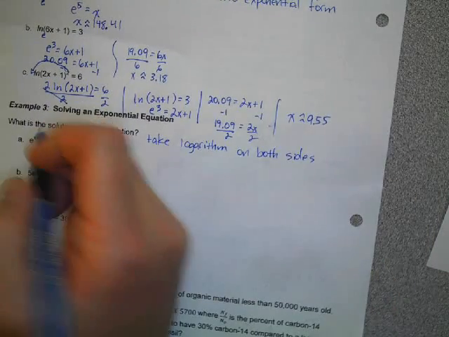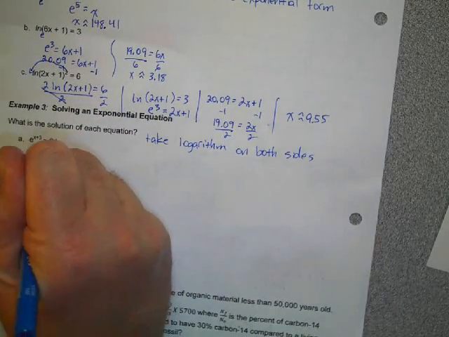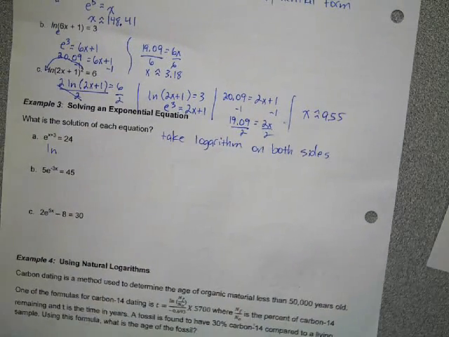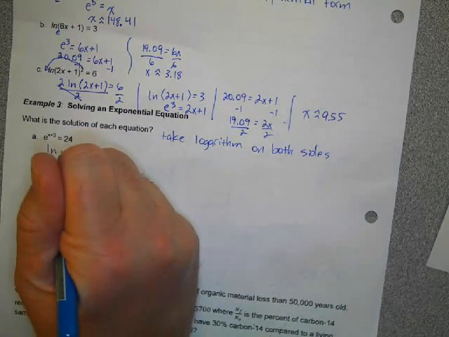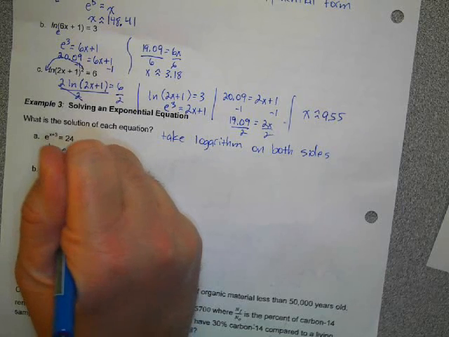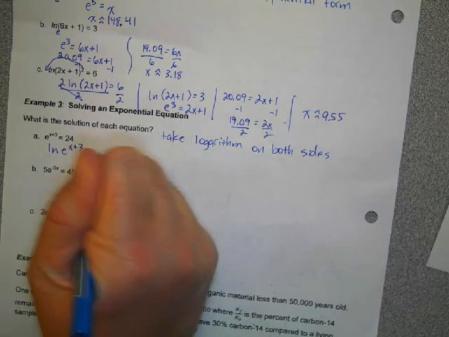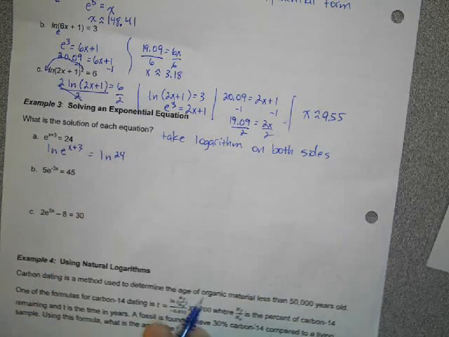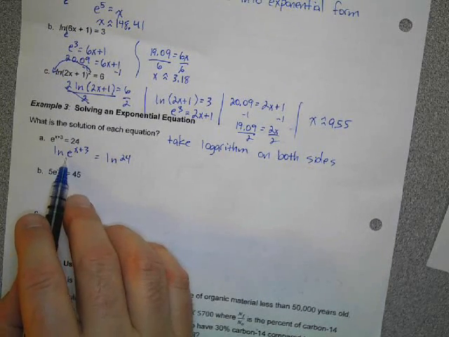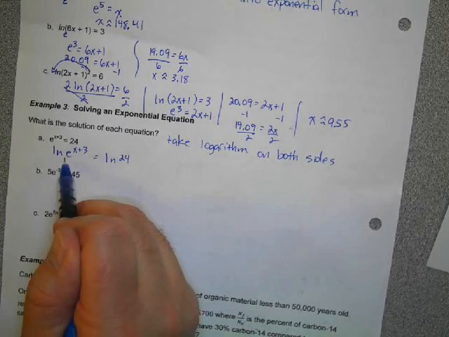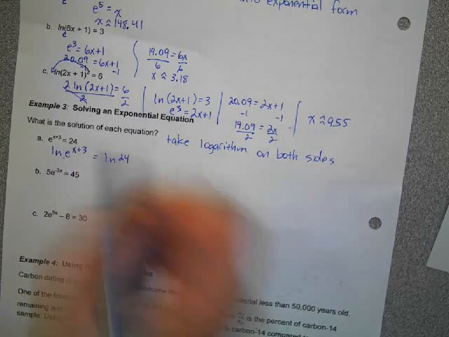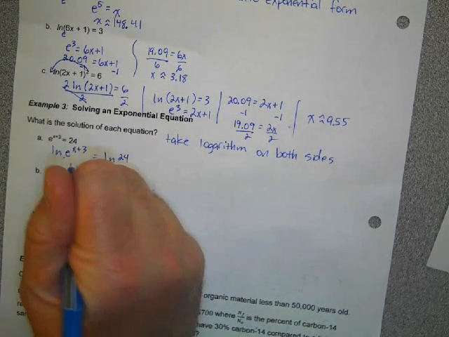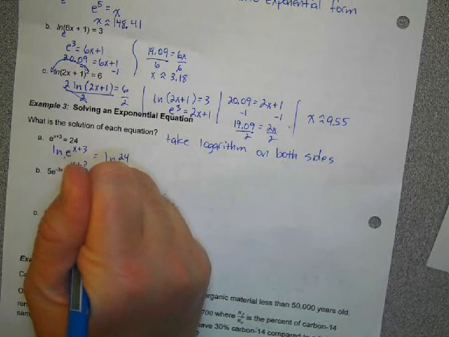This time we're doing natural log, so we're going to use ln. In this case, ln of e to the x plus 3 equals the ln of 24. Understood that there's an e here, so if we have an e here and an e here, they kind of cancel each other out. So what drops down is just your exponent, x plus 3. It's equal to the ln of 24.